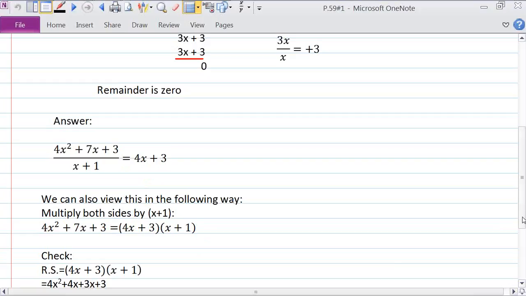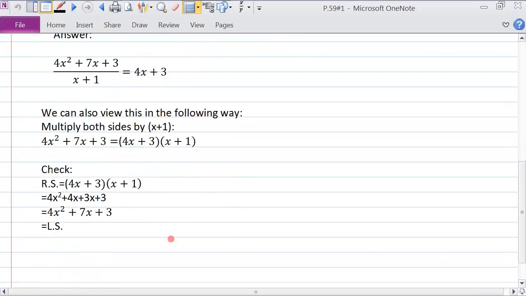Now, to verify that we do have the right answer, what I'm going to do is take the right side of this and simplify it. So first times first, 4x times x gives me 4x squared. The outer is plus 4x. I'm using FOIL. The inner is plus 3x. That's the inner. And the last times the last is plus 3 times plus 1, which gives me plus 3.